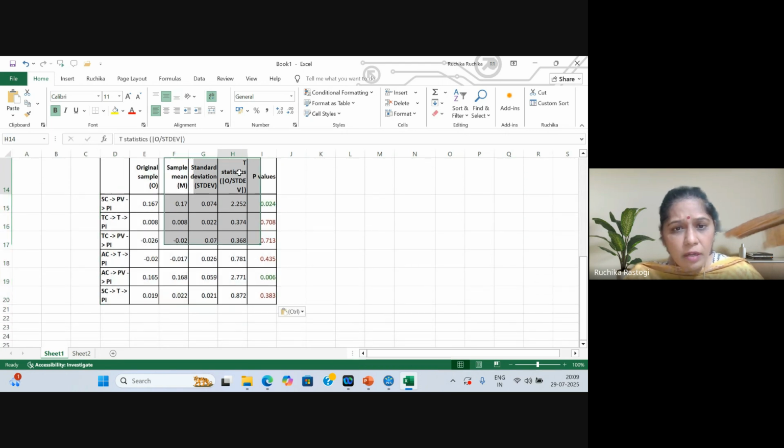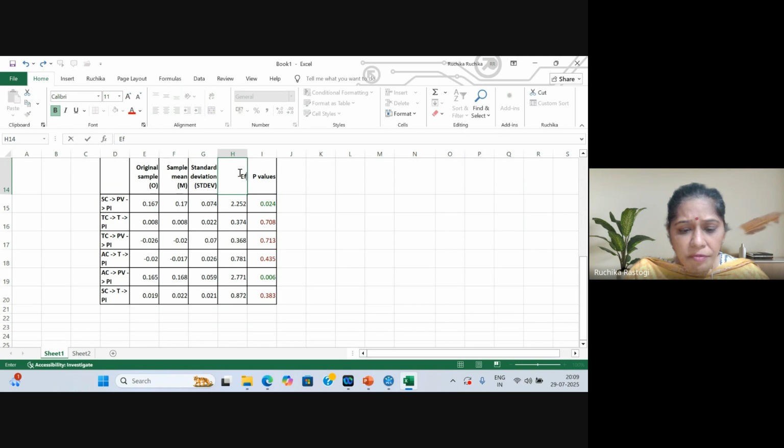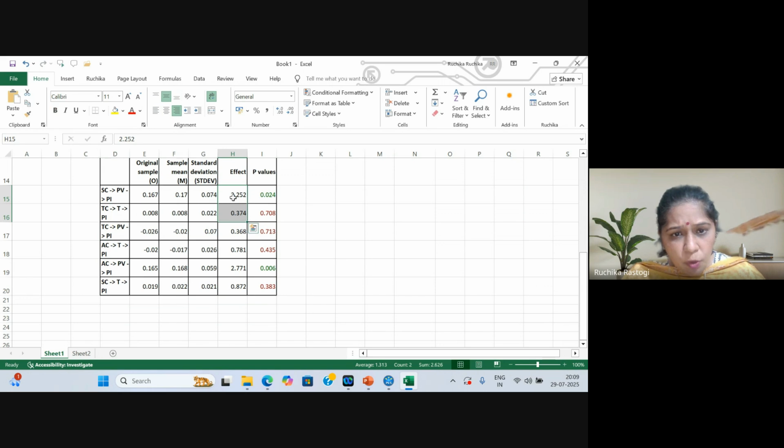This is the data, and we will see the indirect and direct effect, and then you will be able to understand whether there is a parallel mediation or not.